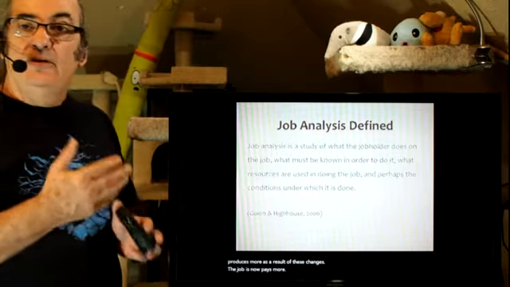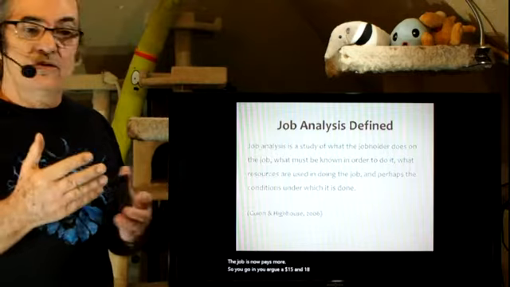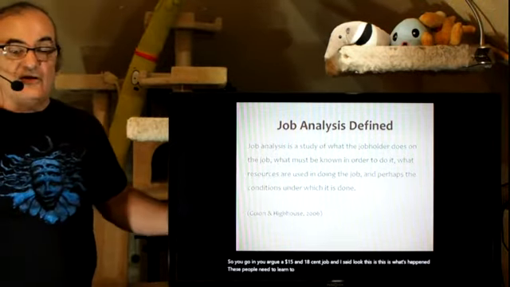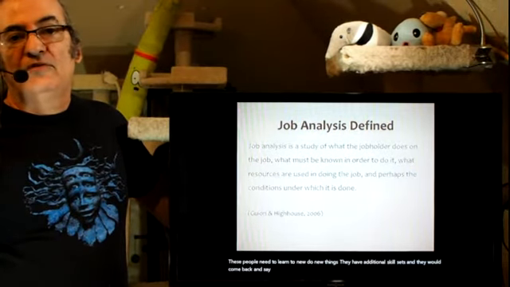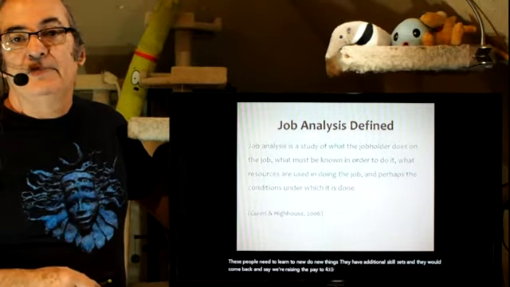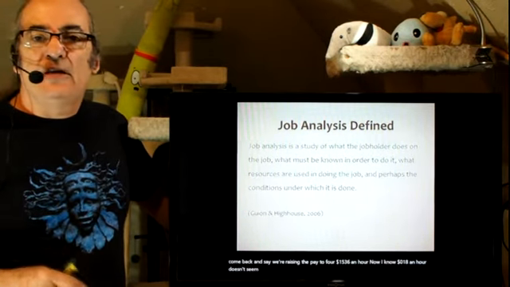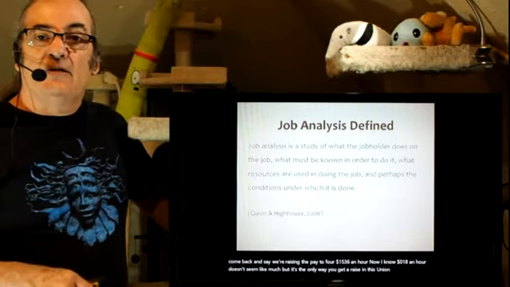So, you go in, you argue a $15.18 job, and I say, look, this is what's happened. These people need to learn to do new things. They have additional skill sets, and they would come back and say, we're raising the pay to $15.36 an hour. Now, I know 18 cents an hour doesn't seem like much, but in this union environment the only way you get a raise is through the job analysis process.